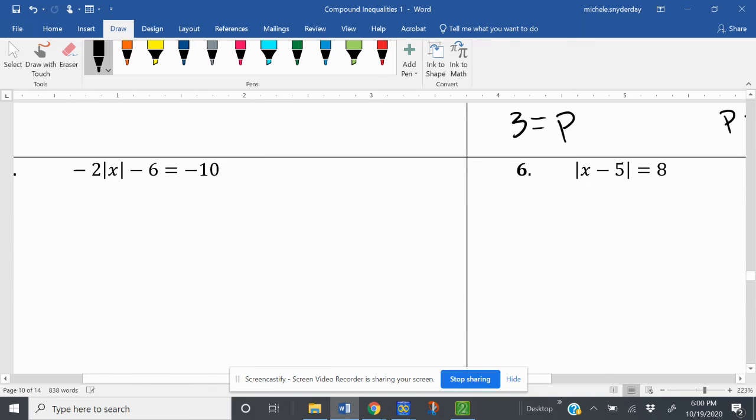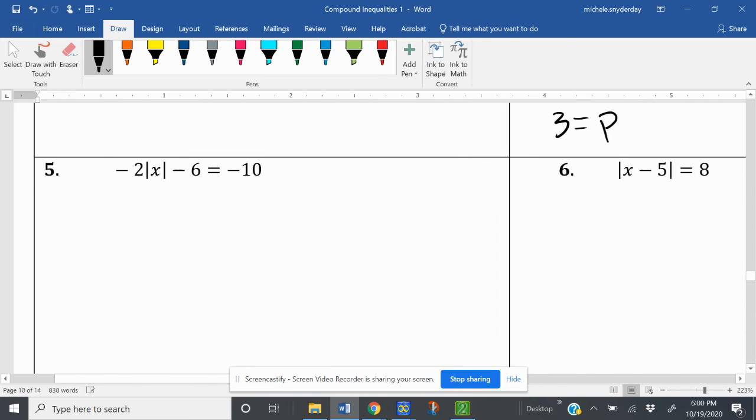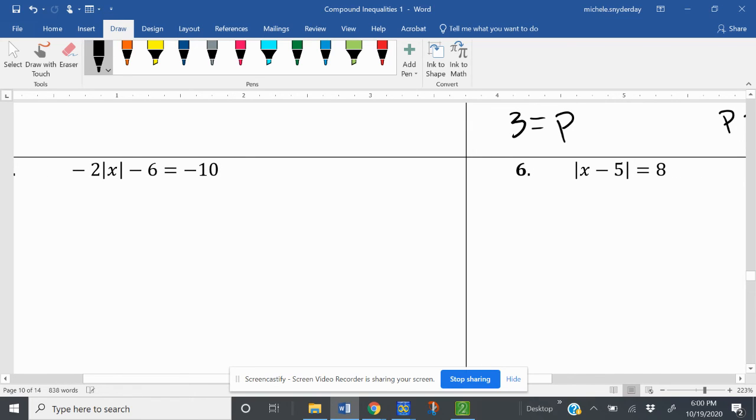Two more quick examples. Number 5 has two things on the outside of the absolute values. So the first thing we want to undo is the negative 6. We always want to undo subtraction or division first. And that goes away.